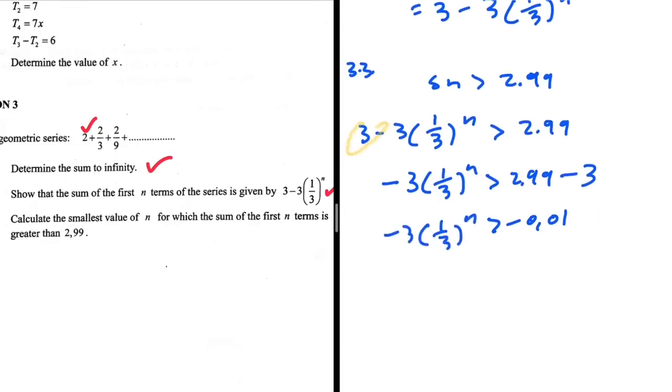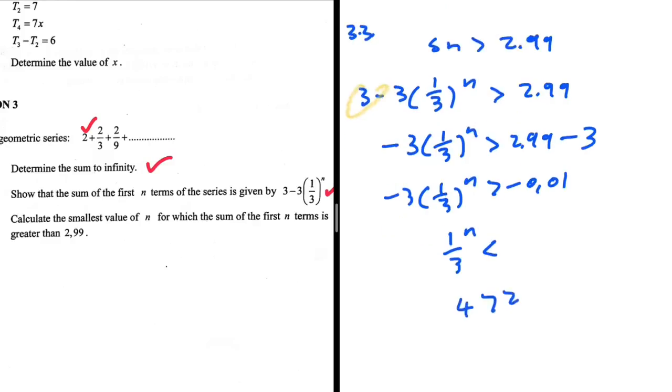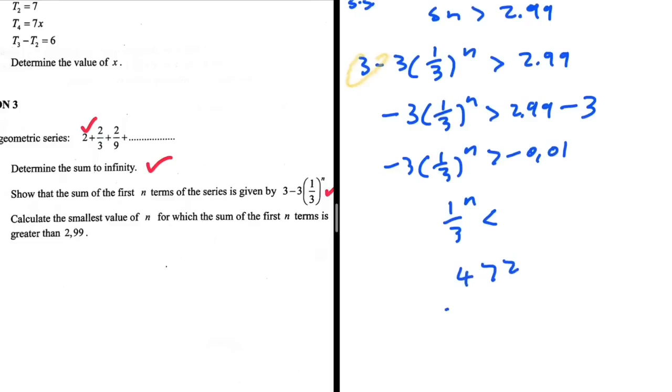Okay, so let's divide both sides by minus 3. So we're going to get 1 over 3 to the power n. Well, the inequality sign changes when we divide by a minus sign, okay? Because if 4 is greater than 2, when you divide both sides by minus 1, minus 4 is no longer greater than minus 2, right? So every time you divide by a negative, the inequality changes where it is pointing.